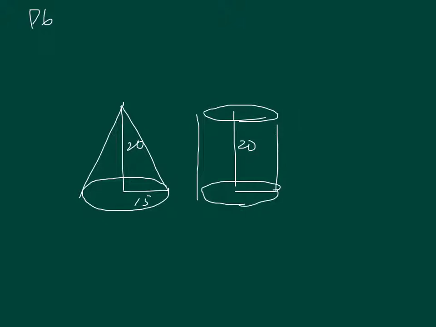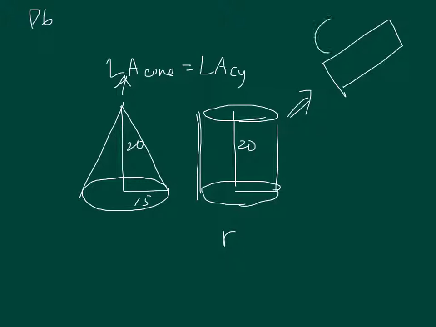But the lateral surface area of this cone equals the lateral surface area of the cylinder. So in order to find that, find the lateral surface area of the cone first. And in order to find the lateral surface area of a cylinder, you gotta open that up and unroll it. So you have two circles and one rectangle, and the base of the rectangle is the same as the circumference of the base circle, and the height is 20.